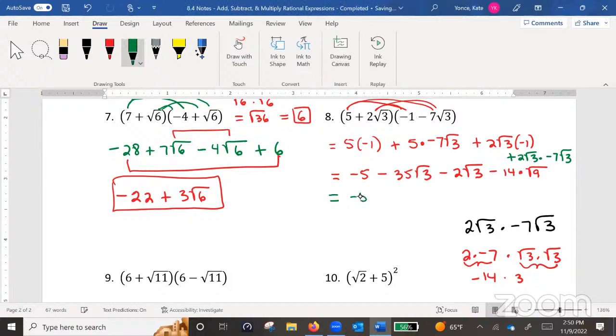So negative 5 out here. These are like terms, right? So what is negative 35 square root of 3 minus 2 square root of 3? Okay. Negative 35 and negative 2 is negative 37. The radical doesn't change.